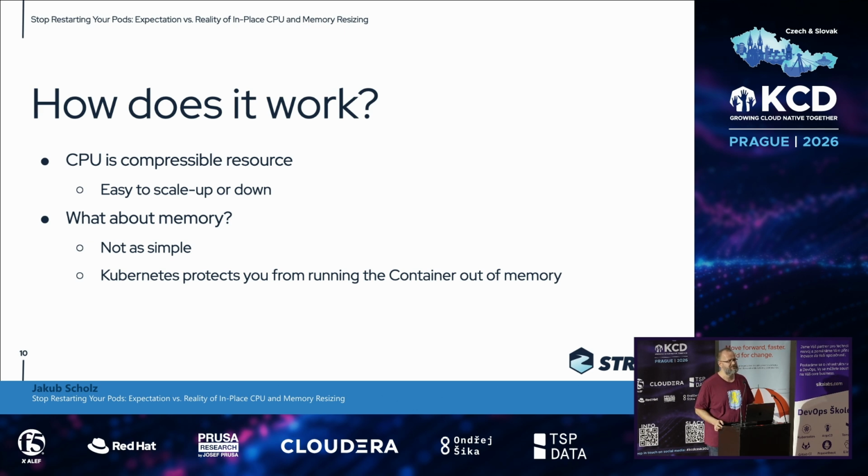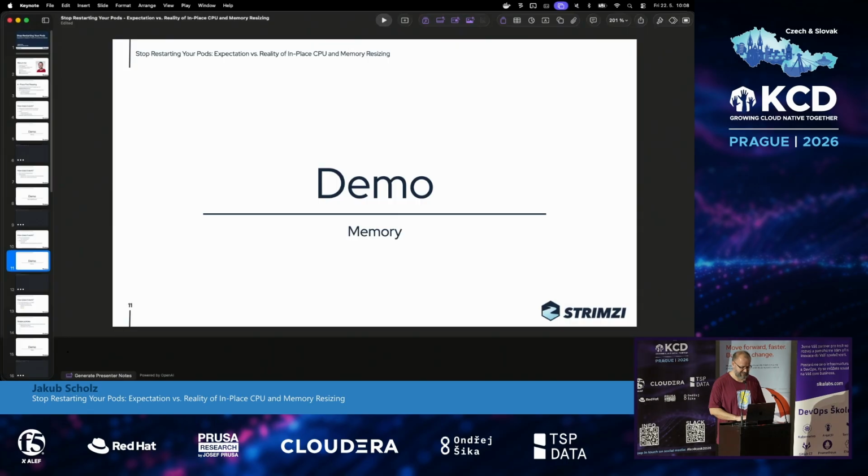Kubernetes gives you this basic protection that it doesn't allow you to lower the memory below what the container is actually using at the time when you try to do resizing. But with the memory, it's a bit more complicated than that, and I will get back to it a bit later. But now, just to show you how Kubernetes handles it.